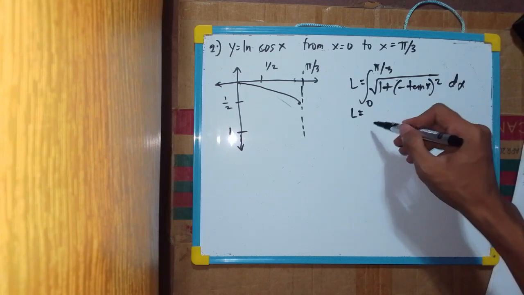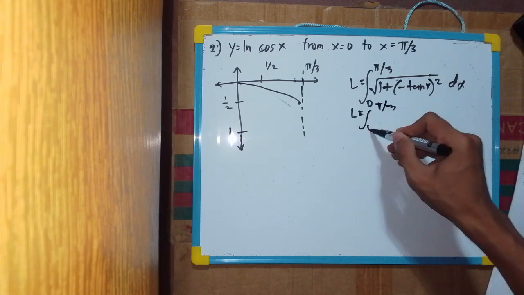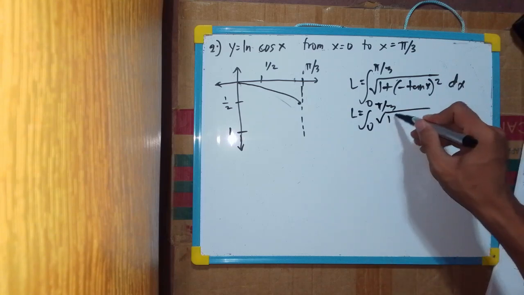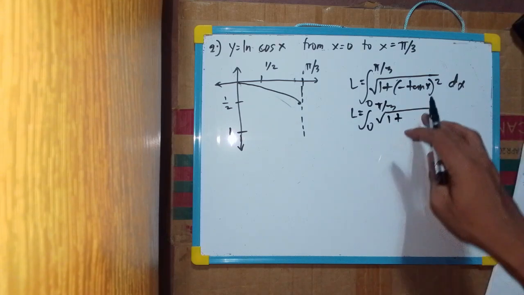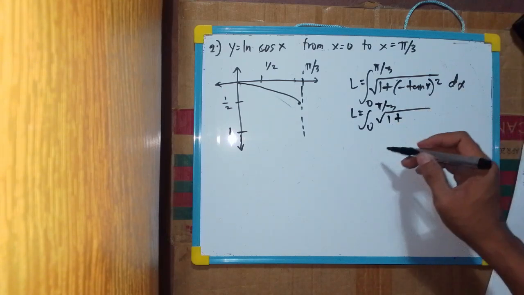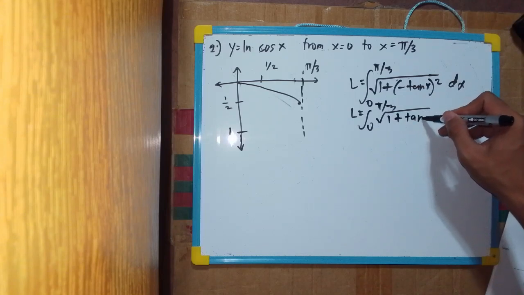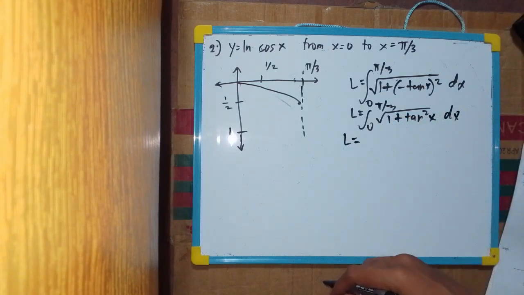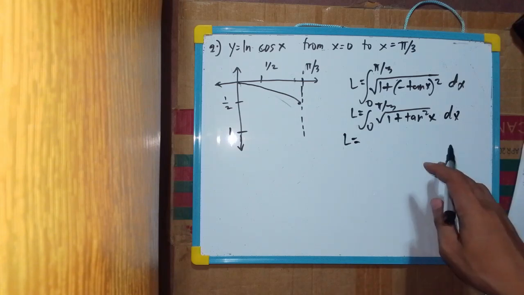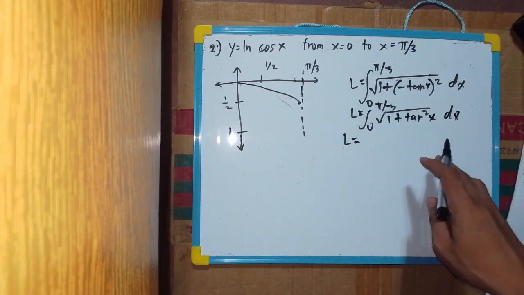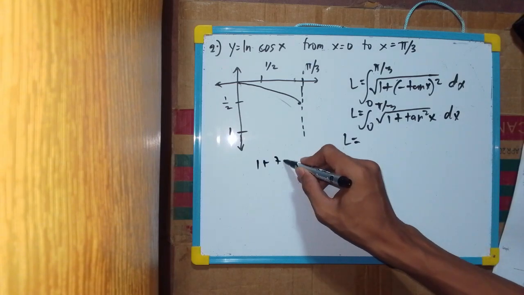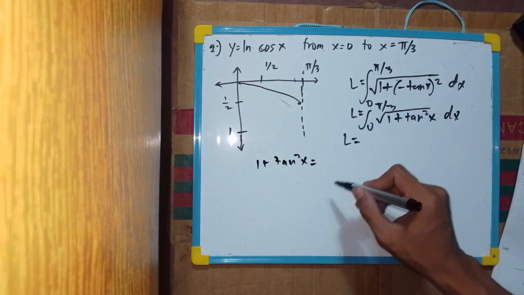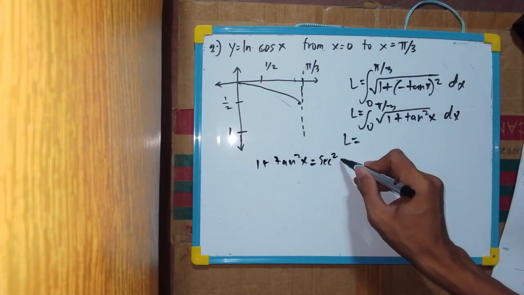Operating this, we can have 1 plus negative tan x raised to 2, which is just tan squared x. 1 plus tan squared x is an identity, and it is equal to secant squared x.